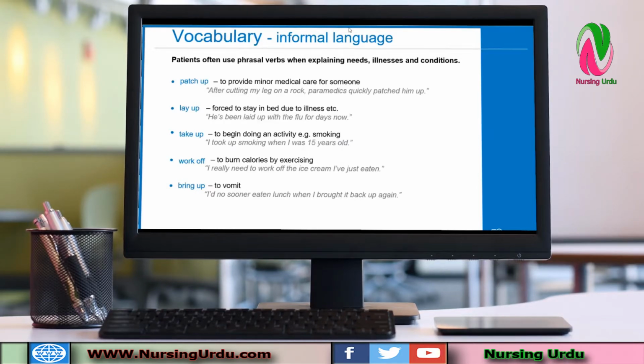To bring something up might also be, as a few people have said, to bring up a topic of concern. The patient might walk in and say, look, doctor, I'm really worried about something. They're bringing up a concern. So that's also a possibility, but here we're talking about vomiting.